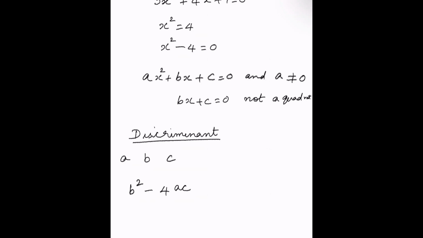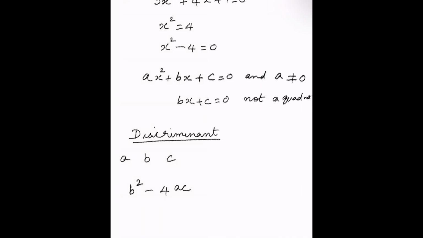For a cubic equation there can be 3 values for x, or 3 roots. Here you are learning about quadratic equations, where the degree is 2, so the maximum number of roots is 2.